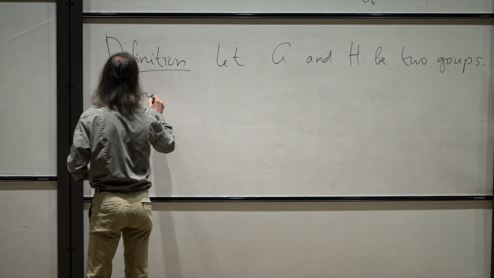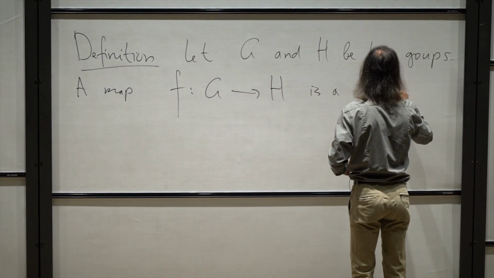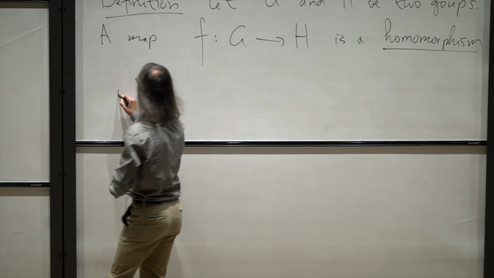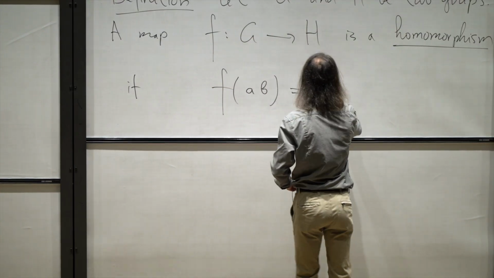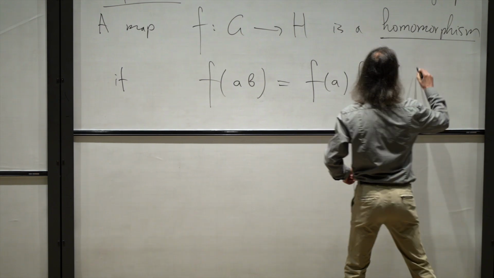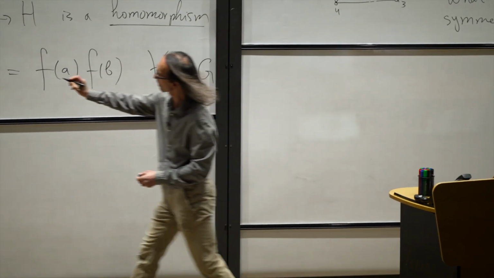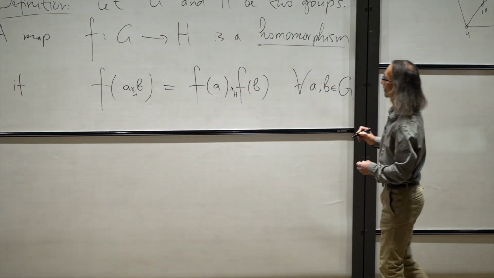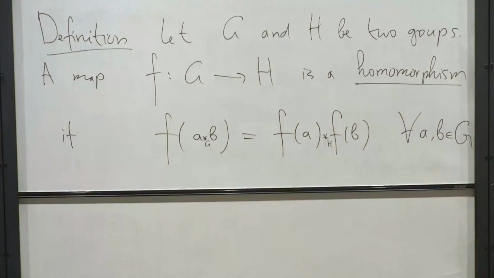A map f from G to H is a homomorphism if it has the following property: f of the product of two elements, f(ab), is f(a) times f(b), for all a and b in G. Let me just be clear, this is the product of two elements in G, and here this is the product of the images in H. So a homomorphism, put simply, is a map between groups which is compatible with the multiplication.